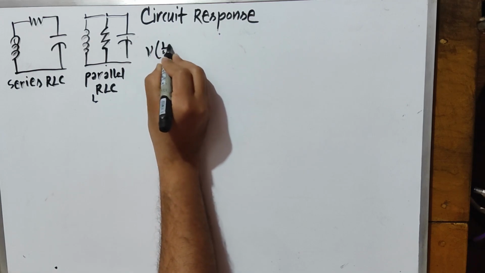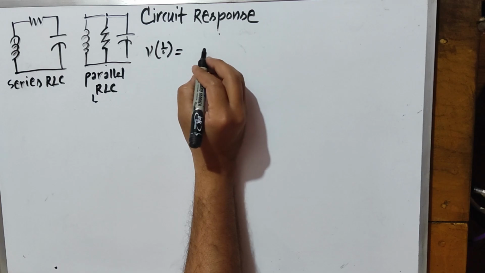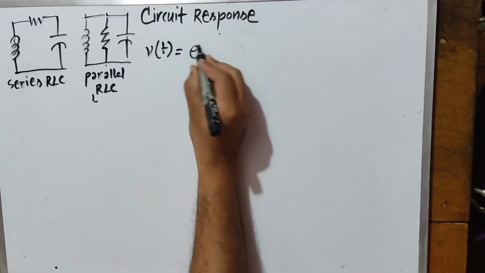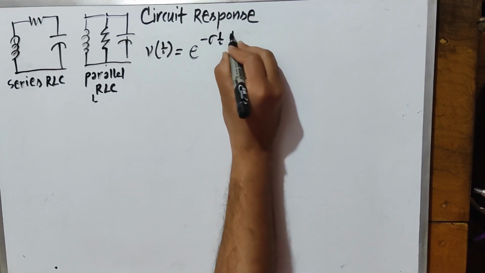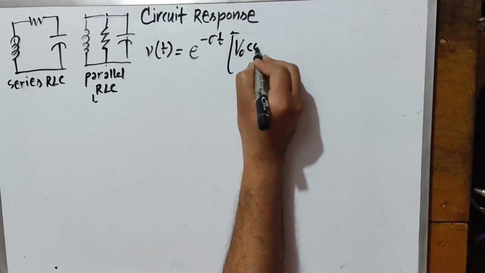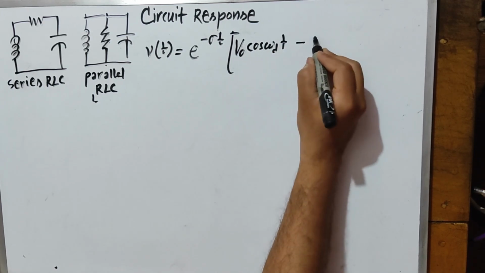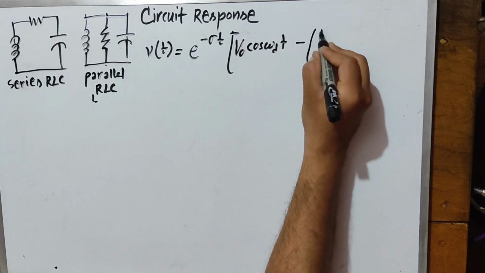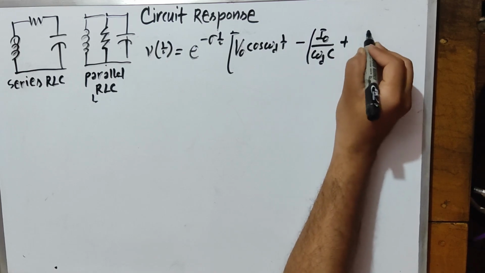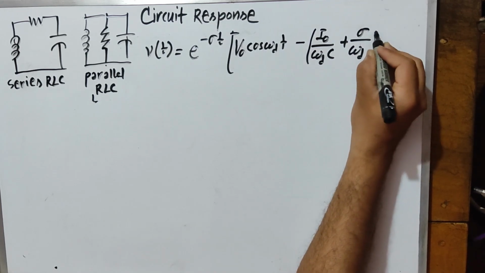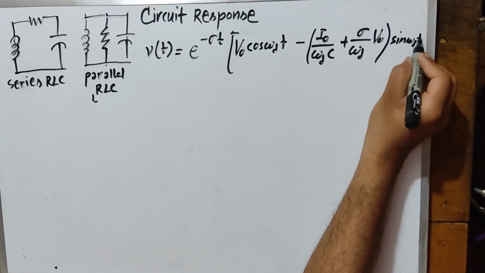The full voltage response of the parallel RLC circuit is e to the power minus sigma t, Vo cos omega d t minus Io by omega d C plus sigma by omega d Vo sine omega d t.